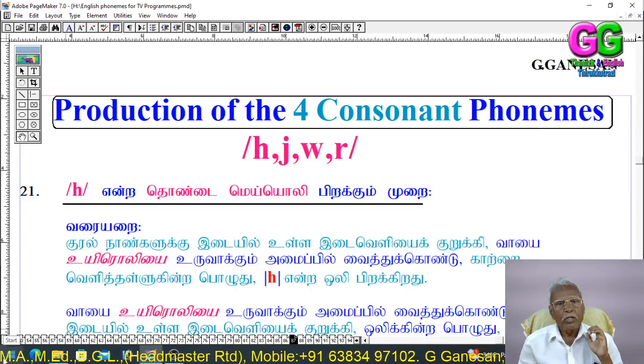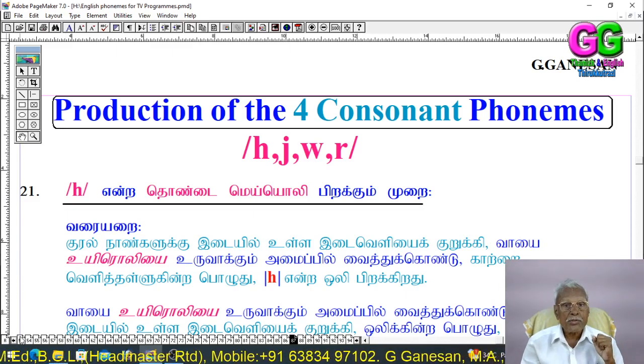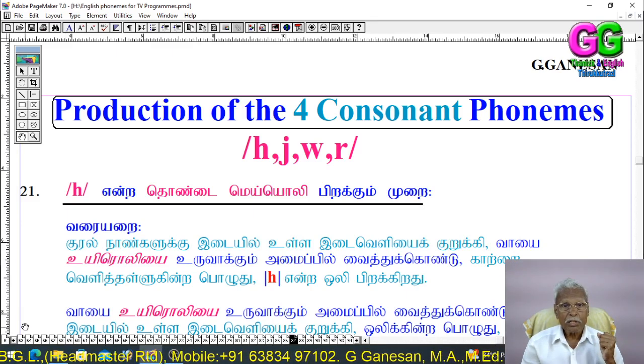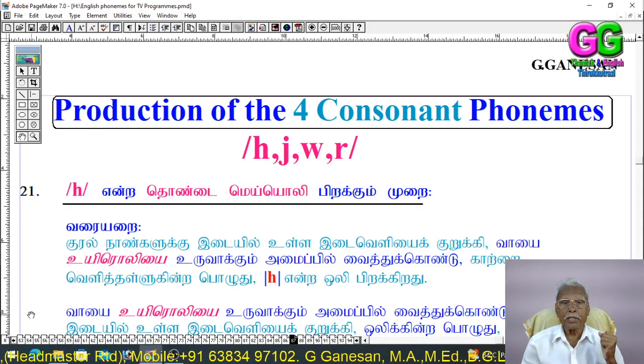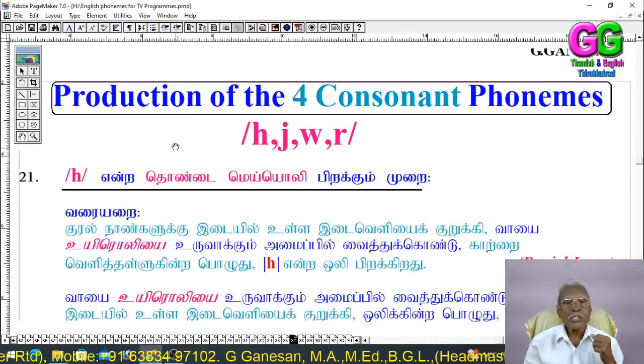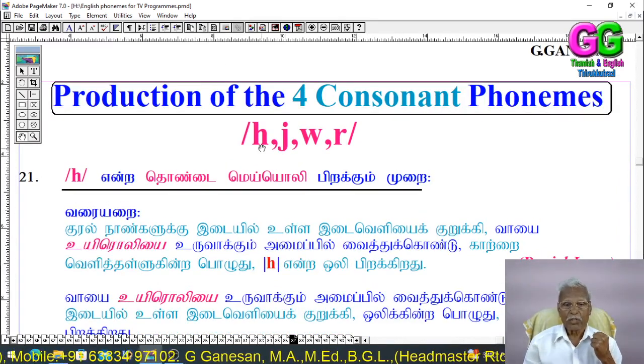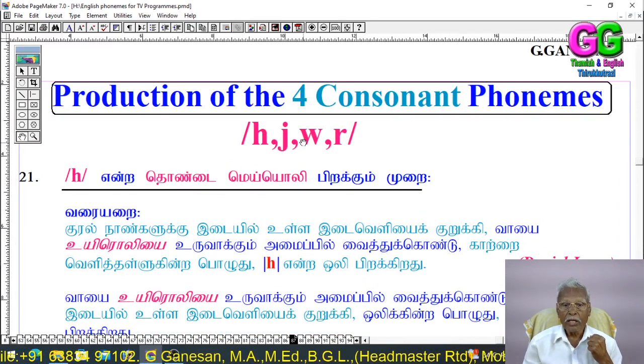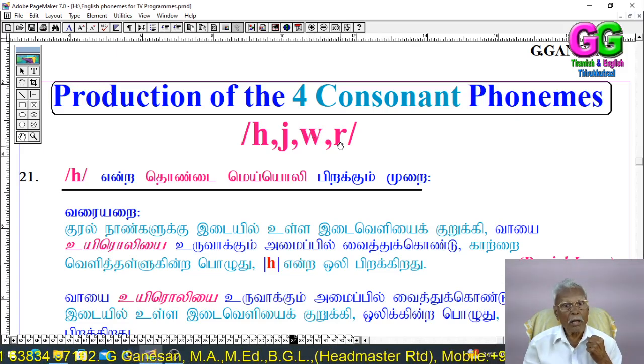Respected elders, educationists, the teachers and their students. Thus, we have seen the production of the four phonemes: ich, e, o, and ear.